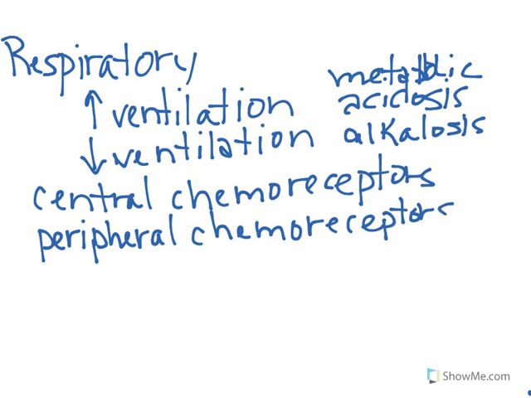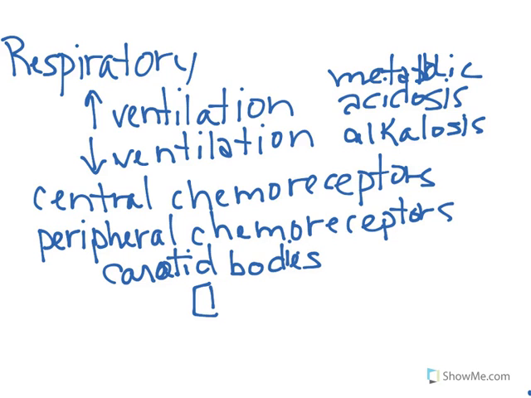The primary one is the carotid bodies, because that will monitor the concentration of hydrogen ions in the blood. So that can change ventilation there.